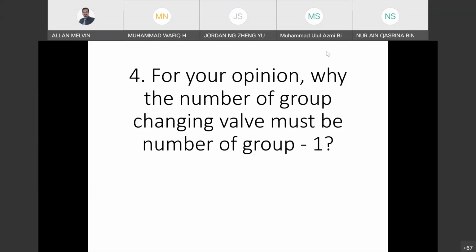Can I try, sir? Sure, Muhammad Wafiq Haziq. Because after the last group comes the first group, the system will repeat, and the changing valve used will be the first group changing valve.